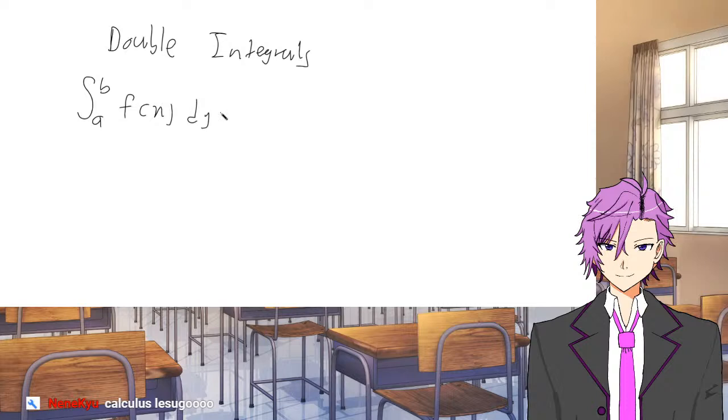But if you want to learn about double integrals, you need to understand something called the Riemann sum. So the Riemann sum, you make a sum here, and if I check my textbook again, hold on a sec.